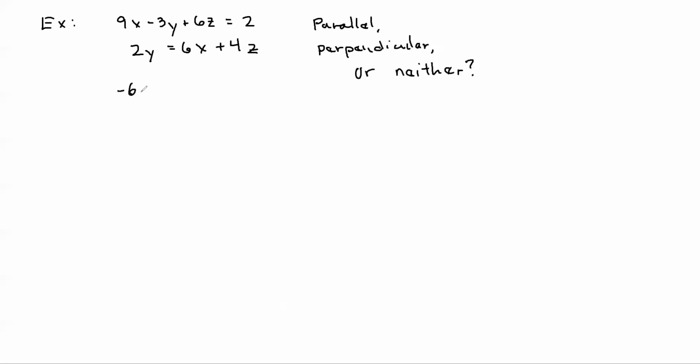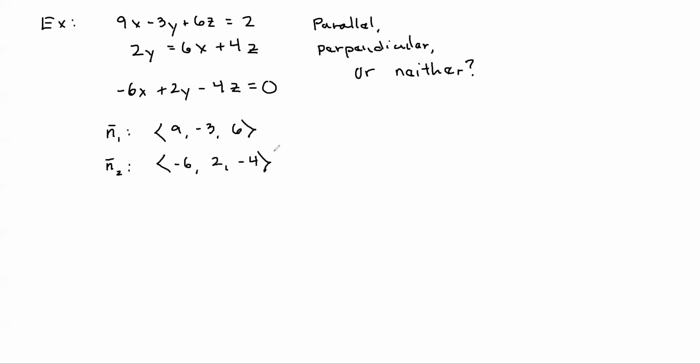So we're going to have negative 6x plus 2y minus 4z equals 0, right? And so here's our first plane, here's our second plane, and the normal vector for plane 1 is 9, negative 3, 6, and the normal vector for plane 2 is negative 6, 2, negative 4.